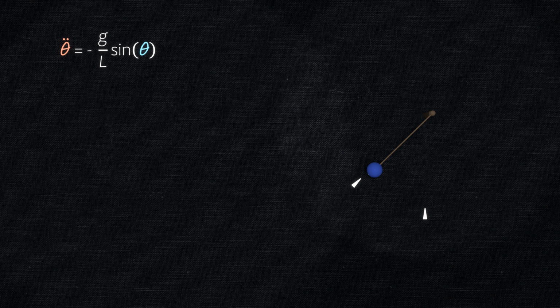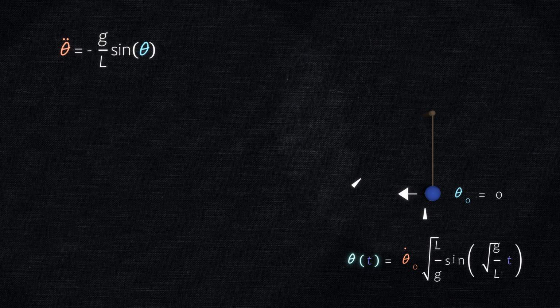Being released at some initial angle, the pendulum will permanently swing around the bottom of its arc. Initial conditions are the angle, theta 0, and angular velocity, theta dot 0. Let us consider the small angle approximation, which is obtained by assuming that sine of theta equals theta according to Taylor approximation.